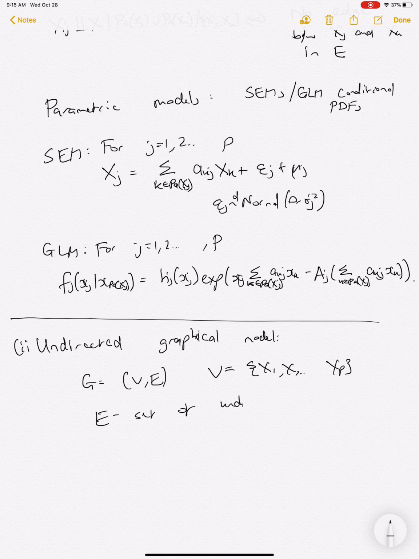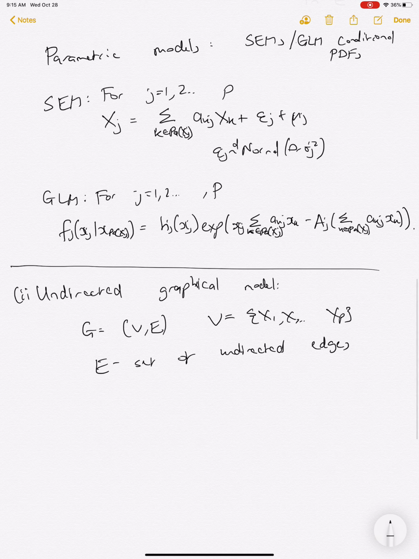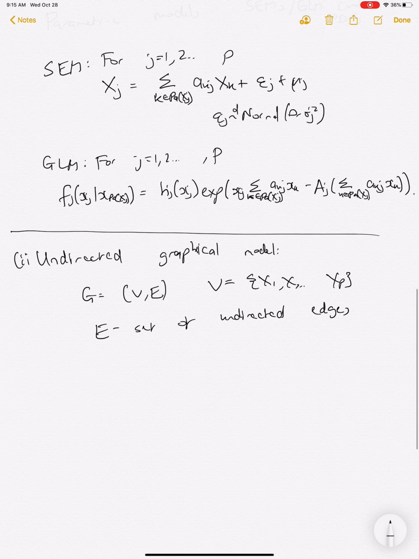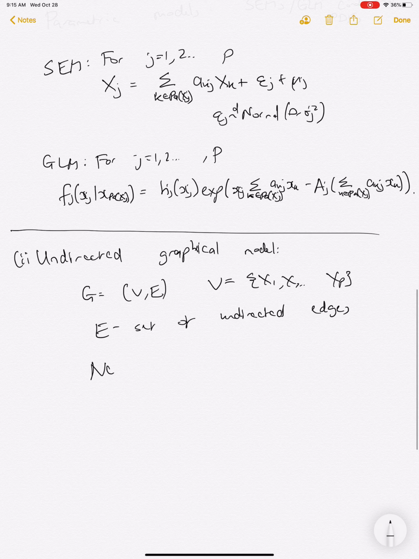So in this case, the order doesn't matter. And the key concept related to the parents is this notion of neighbors. So the neighbors of xj are the xk such that (xk, xj) is in E. And once again, remember that because it's undirected, what order it is doesn't really matter.